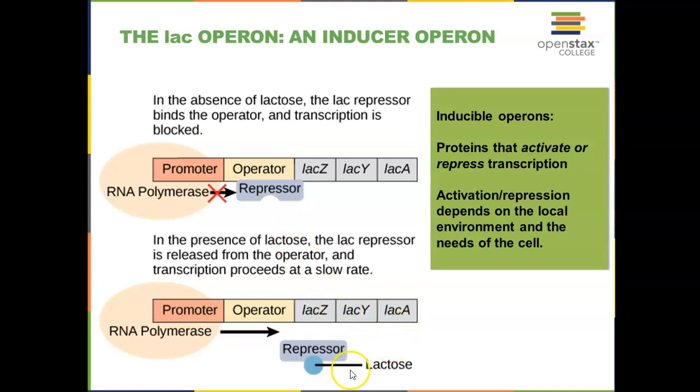In this particular case, the relationship between the metabolite and the repressor is reversed. Tryptophan, when it was abundant, attached to its repressor and caused the repressor to attach to the operator. Lactose, when it's present, when it binds to the repressor, keeps the repressor from attaching to the operator.